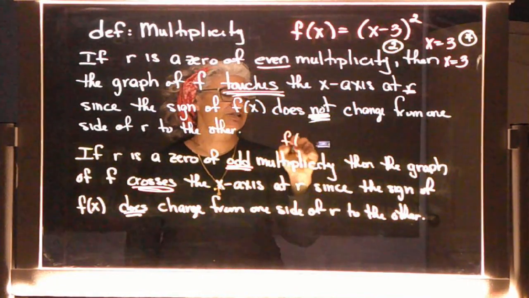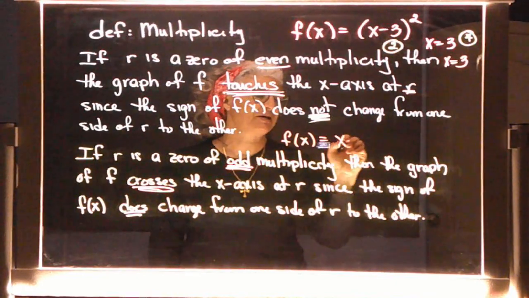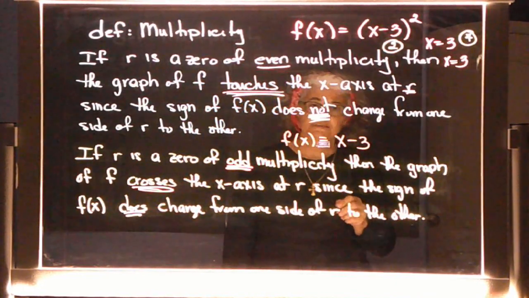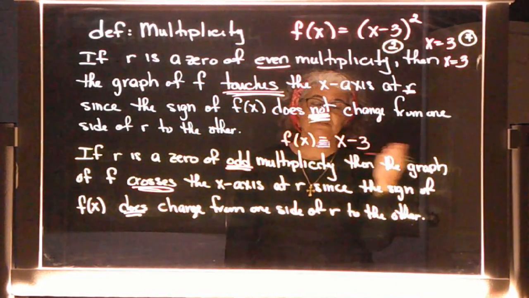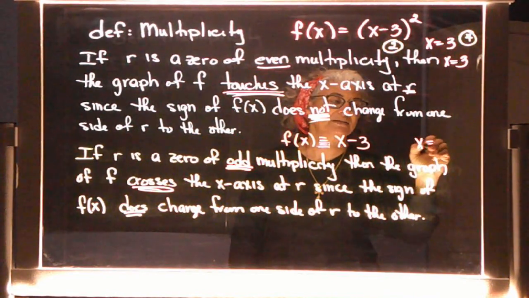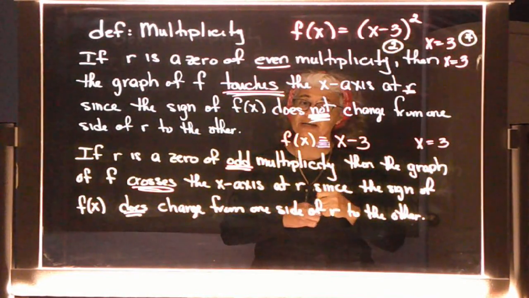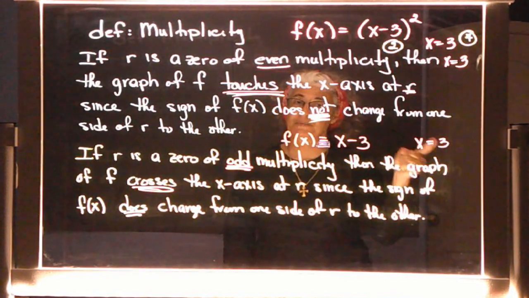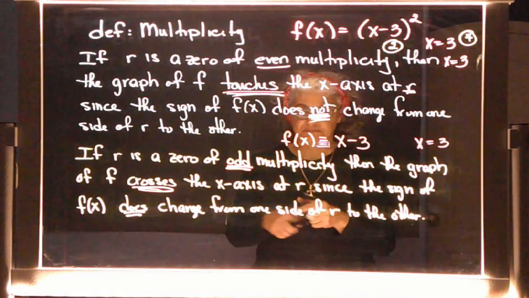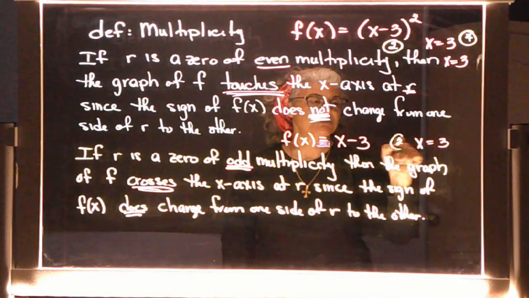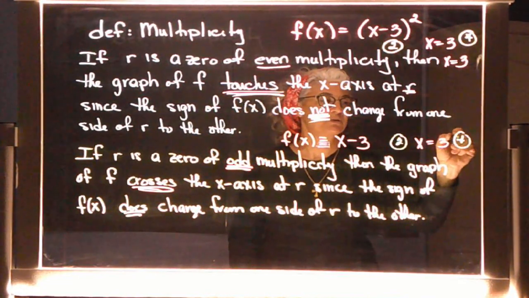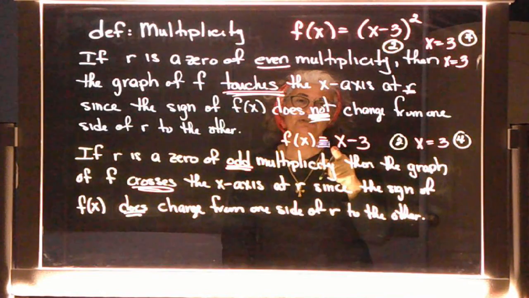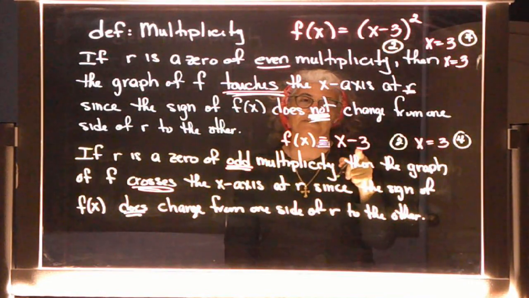What happens if it was just f of x equaling x minus 3? Right? I get a solution. If I solve this, my solution would be x equaling 3. Correct? But it only appears once. So this is why it's odd, because it only appears once. Now, if I took the number 2 and the number 4 like I did above, if I took the 2 and plugged it in, what would you get?